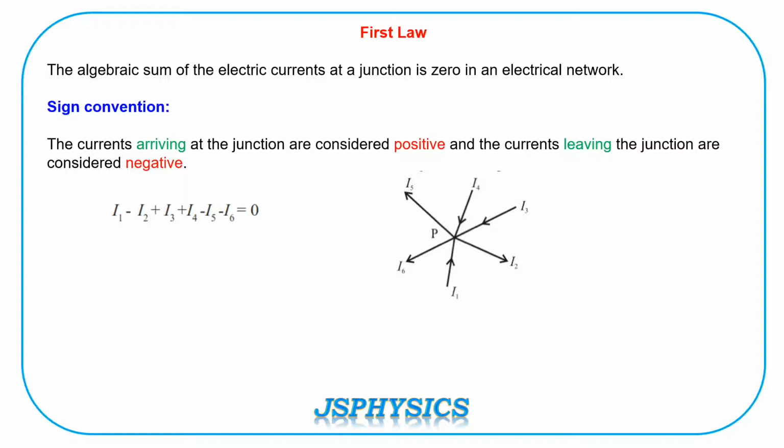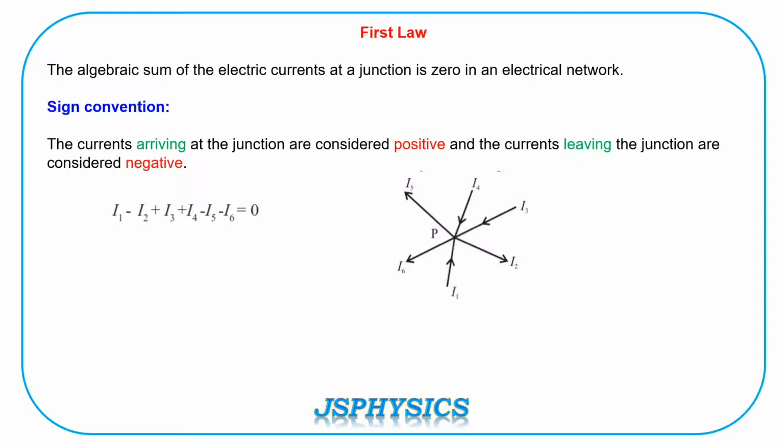That means we get I1 minus I2 plus I3 plus I4 minus I5 minus I6 is equal to 0. This is how we have to apply Kirchhoff's first law to an electrical junction.